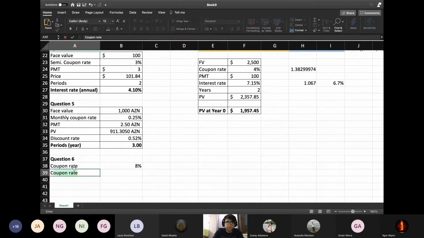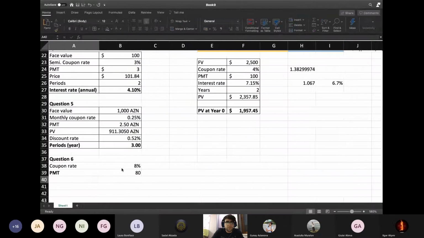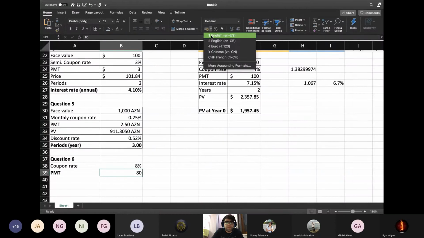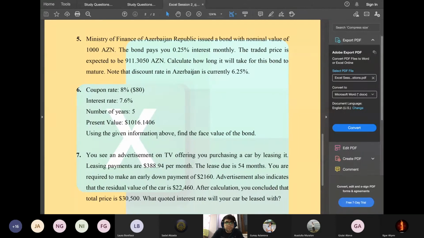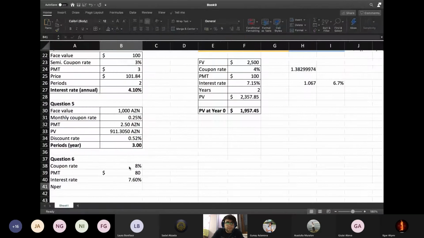We have coupon payments of $80. Then we have interest rate, it is 7.6%. Number of periods. How much is it? 5 years.